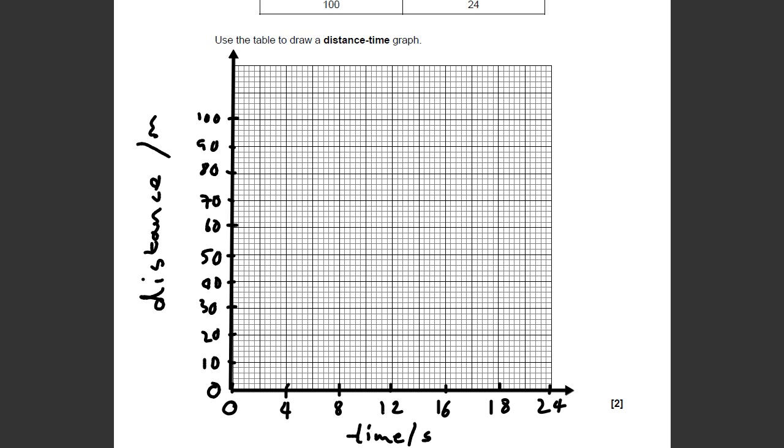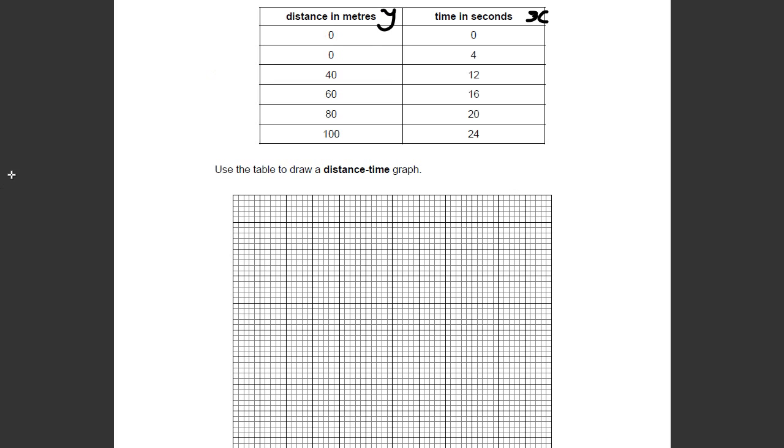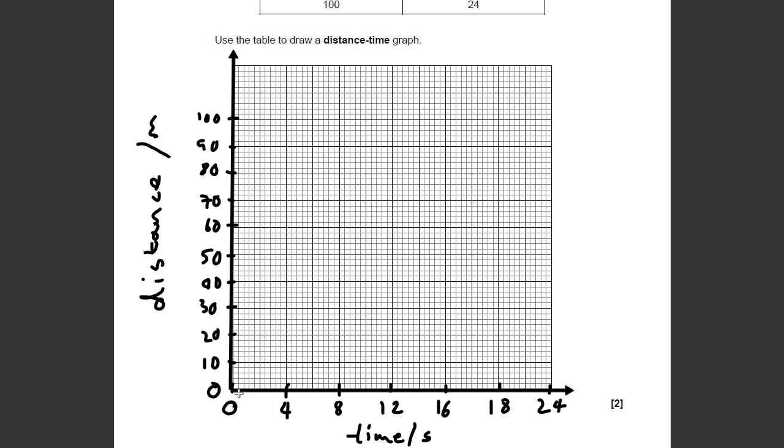So the second mark is for plotting. Go find my data. 0 and 0. This is my x. So 0 and 0, 4 and 0, 12 and 40. I'll do those 3 first. 0, 0, 4, 0, 12 and 40.